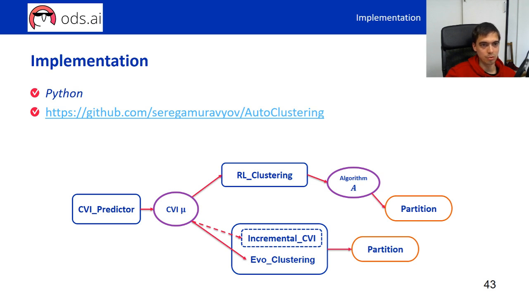If it goes to the reinforcement learning unit for heuristic clustering algorithms, we have the tuned algorithm as a result, and after that we apply it to the dataset and get the partition. In case of evolutionary clustering, we have the option of incremental measure calculation. After that, we perform the evolutionary clustering, and as a result, we get the partition directly.